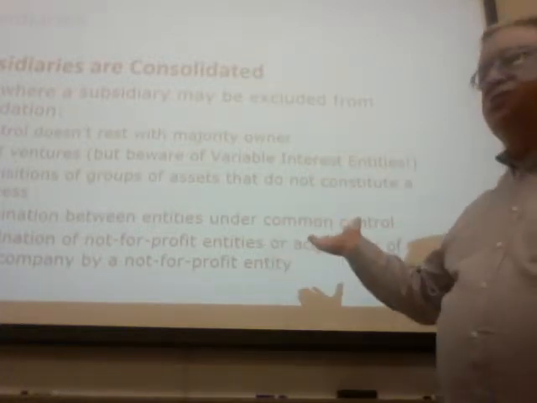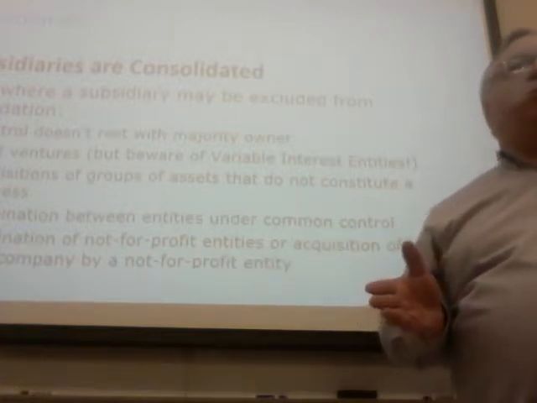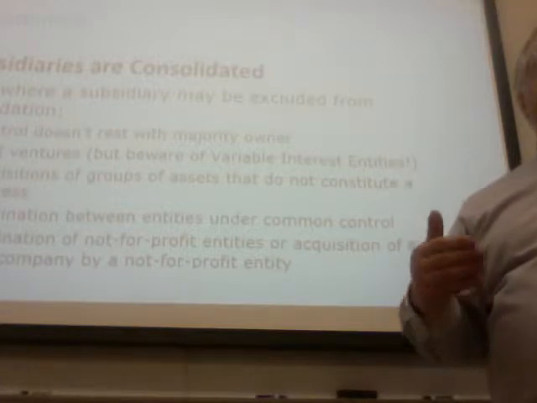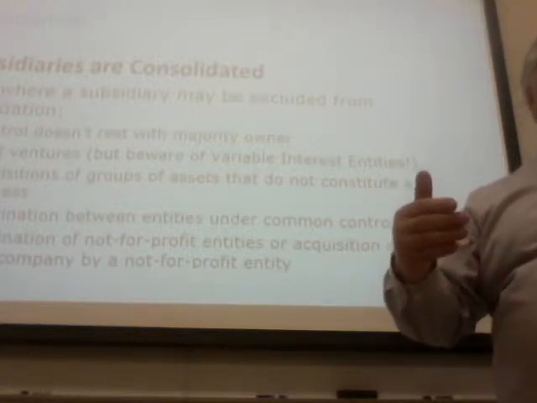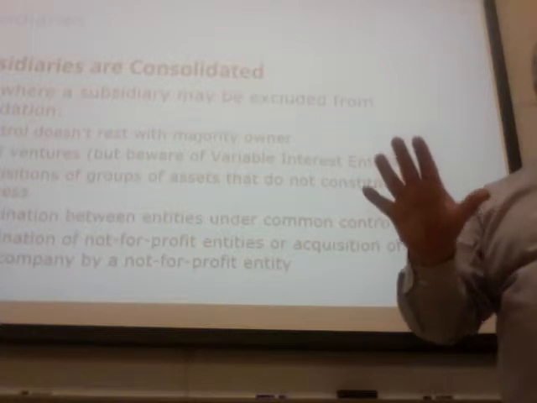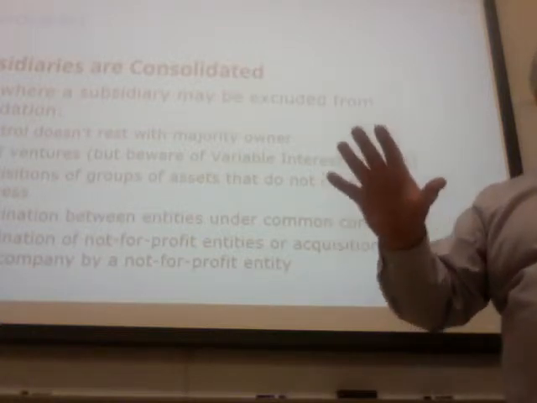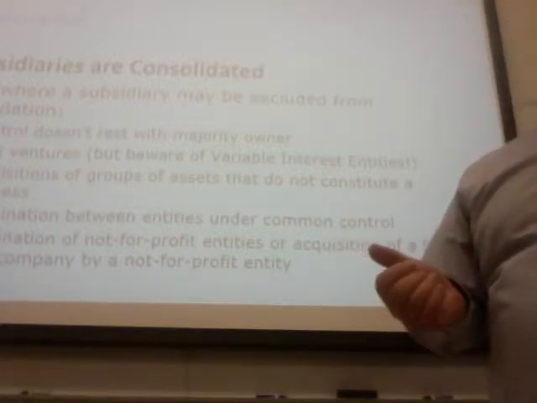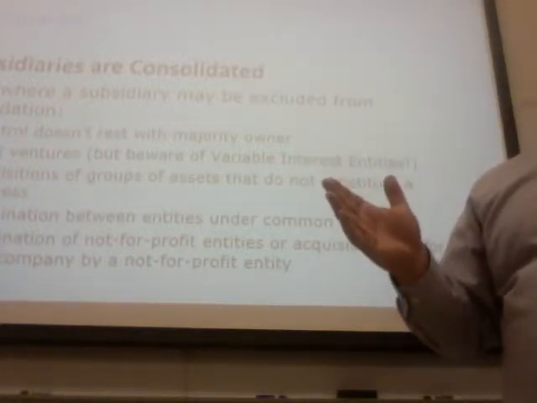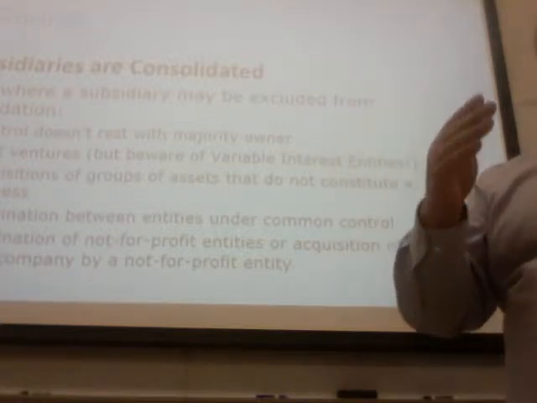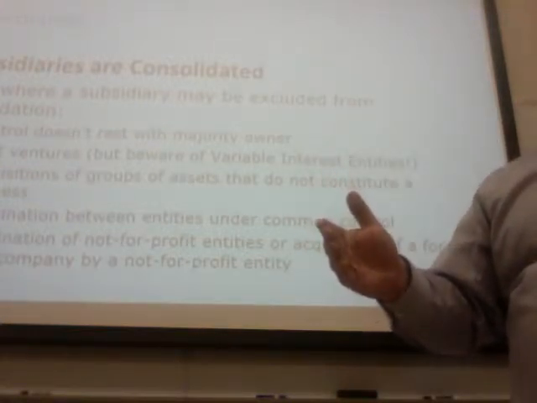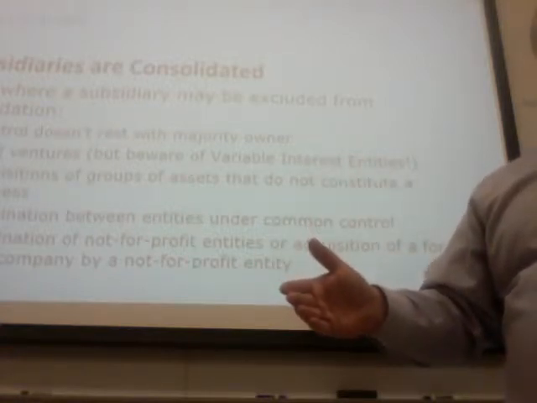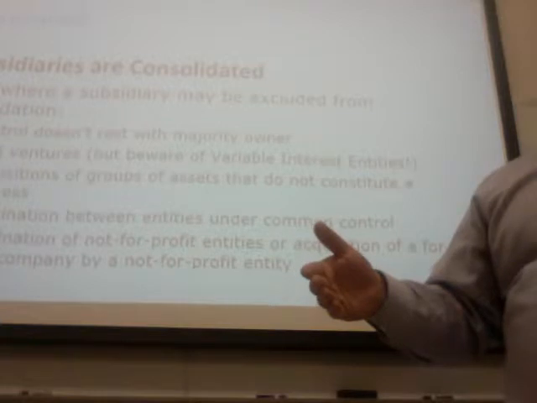So in that particular instance, the nonprofit entity doesn't have a problem with it, because their purpose in acquiring the for-profit company was to obtain an economic supply of equipment that they use in their charitable activities. It's a little bit different, and this is beyond the scope of this class, but generally when nonprofits go into competition with a for-profit entity, then they start having problems with what's called unrelated business taxable income.